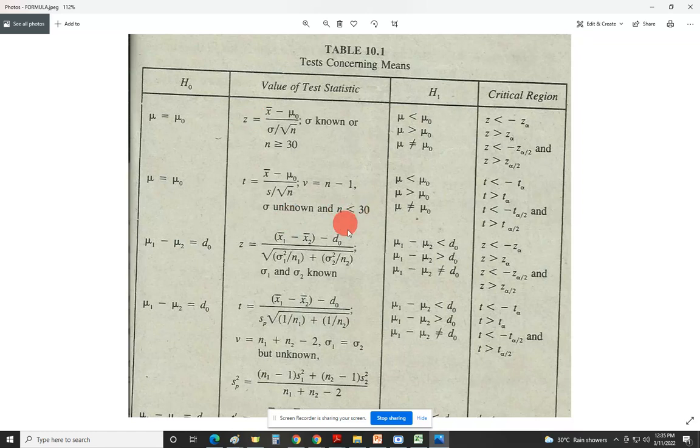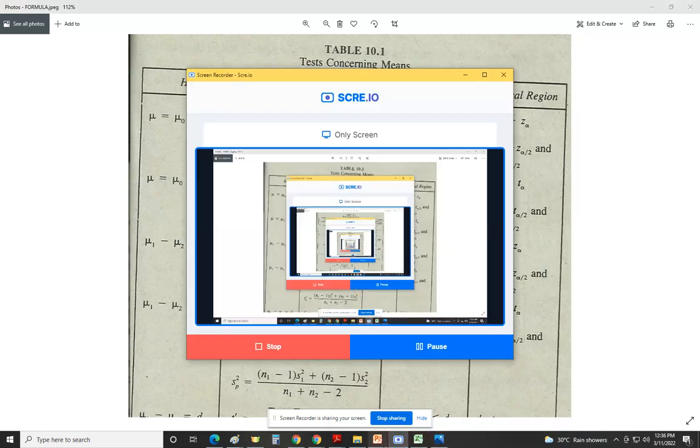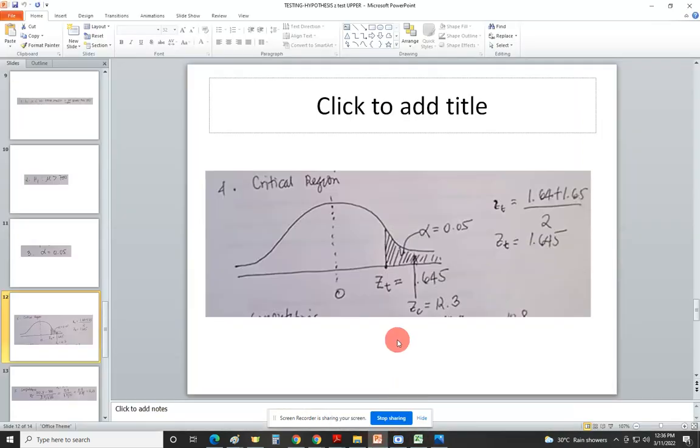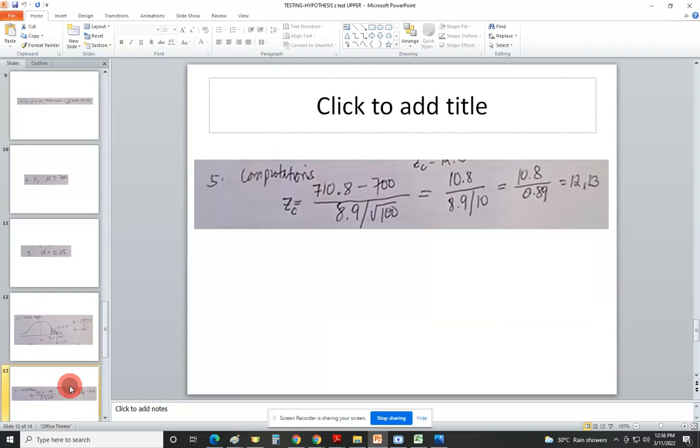If your n is less than 30, use the t-test or the t distribution table. I hope that's clear, class. So we already explained why z-test and the z distribution table. Next, based on the given, what formula can you use?